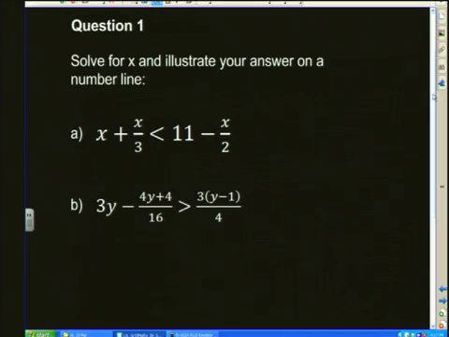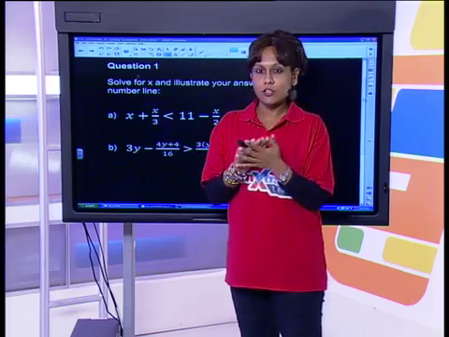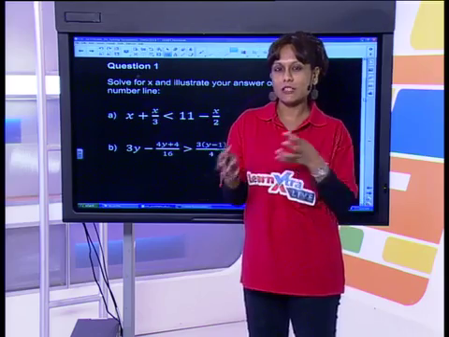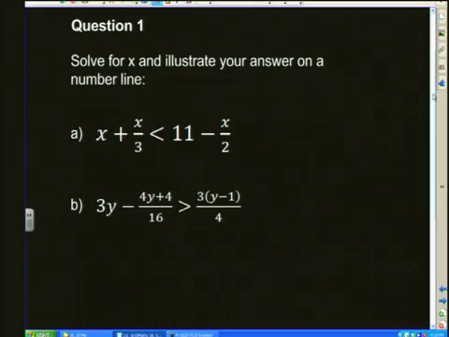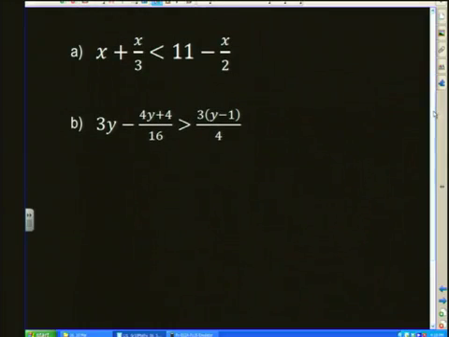So inequalities, guys, it's similar to an equation, to an equality, but obviously the inequalities implies certain other rules that you've got to bear in mind when you're dealing with inequalities. So if you understand equations, linear equations, it's really not a big stretch to move from linear equations to linear inequalities. And many of you have already gone way past this at school, and you're probably thinking, oh, this is so easy, which is great.